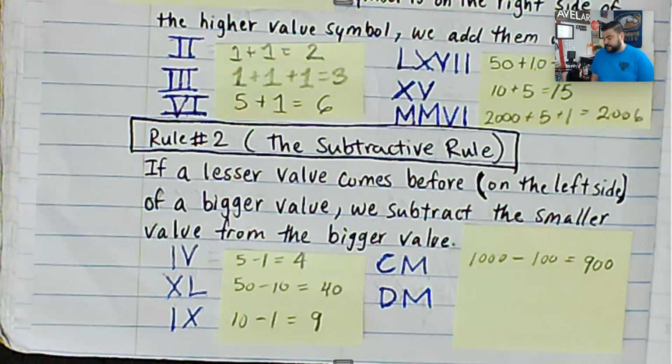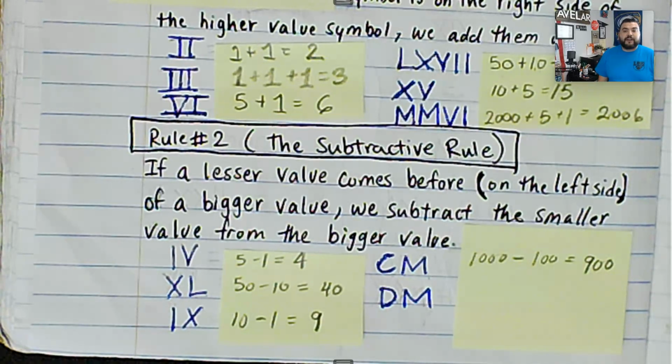The next one is a trick question. We never learned the D. DM equals, DM.